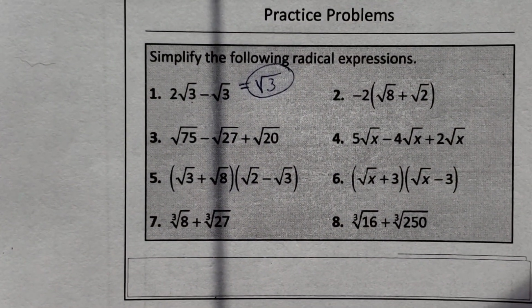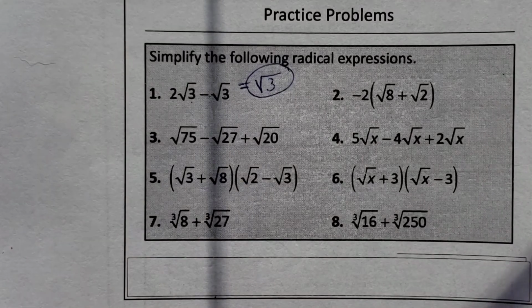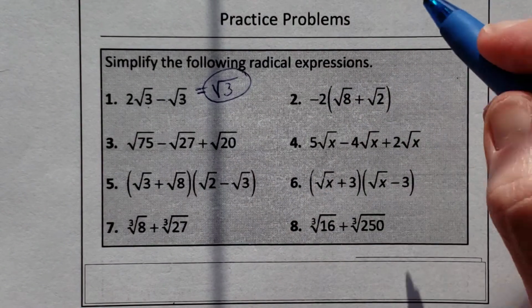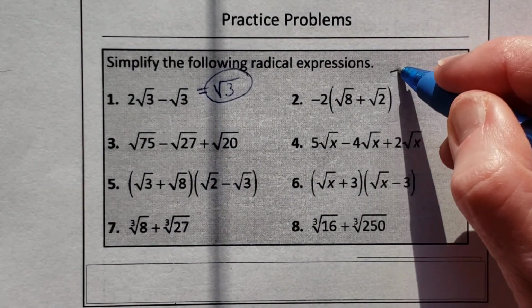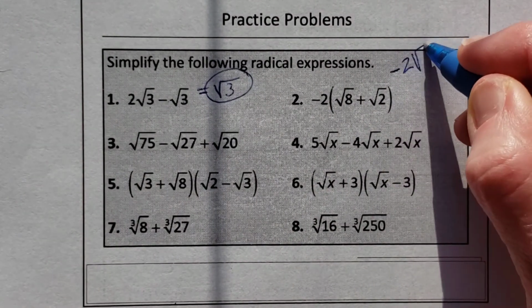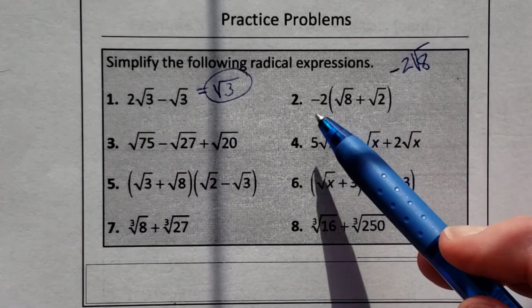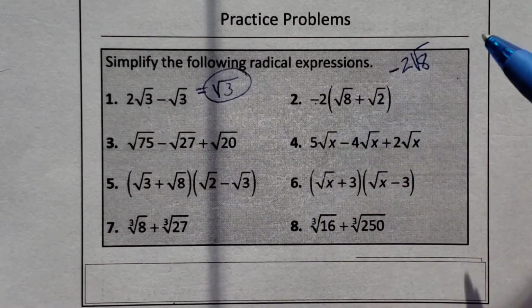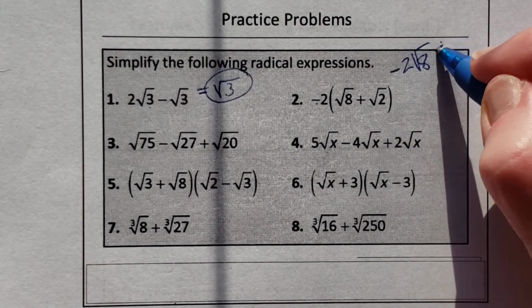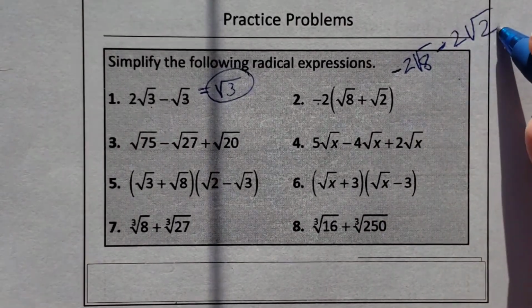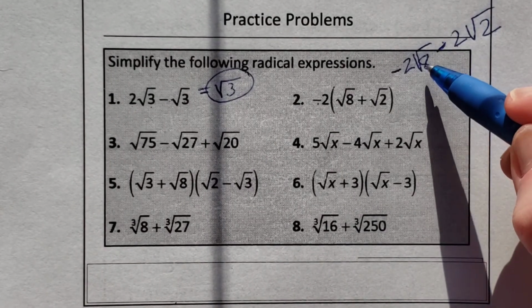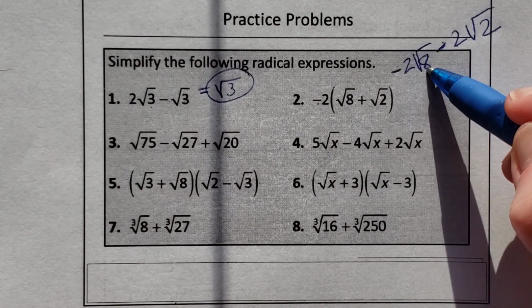On number 2, we are distributing. So we're just multiplying negative 2 times the square root of 8. Negative 2 times square root of 8 is negative 2 square roots of 8. And then negative 2 times positive square root 2 is negative 2 square roots of 2. But then that 8 can be simplified because it has a factor that's a perfect square.